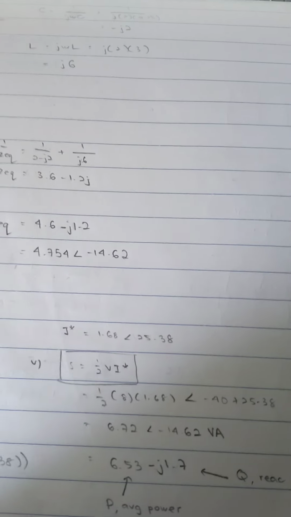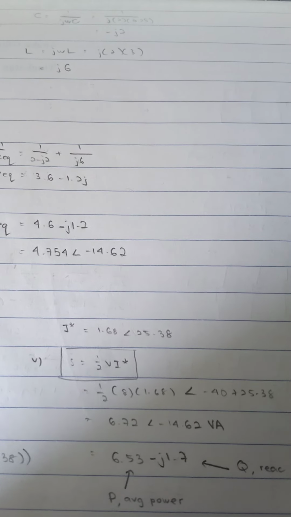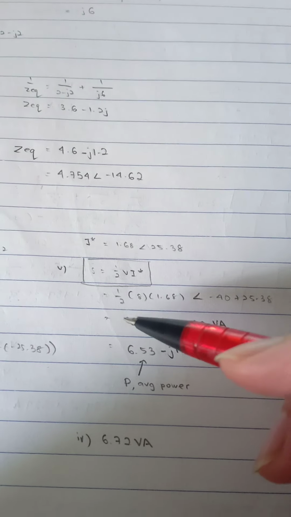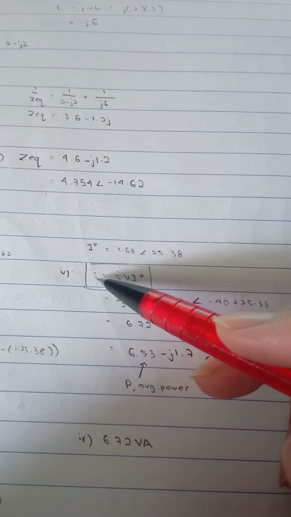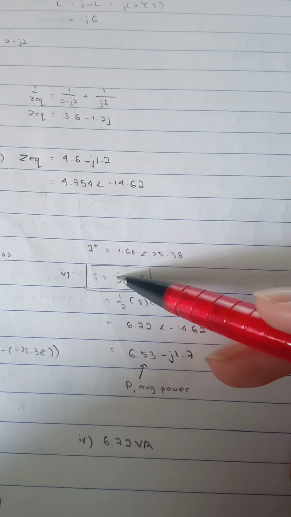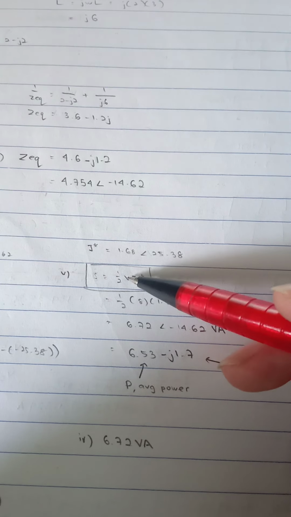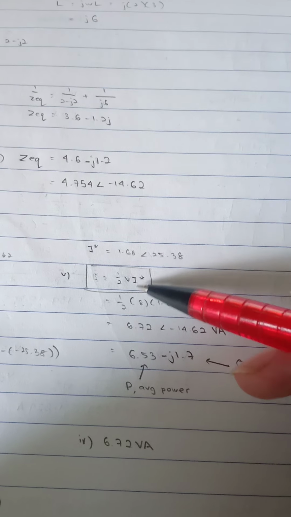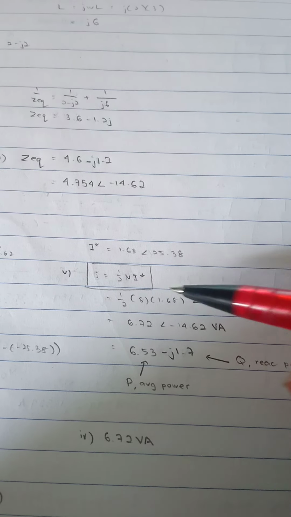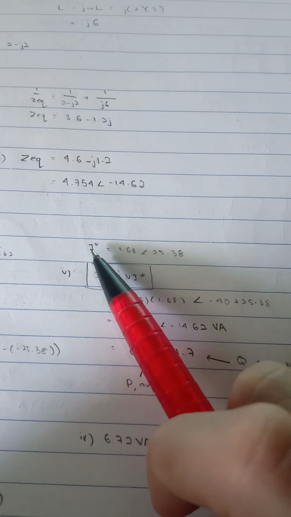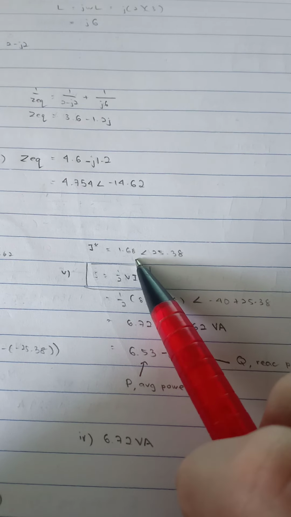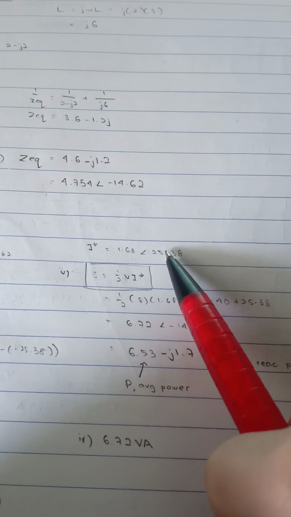Okay, next, the complex power. For complex power, we can get the answer from this: S is equal to 1/2 times Vm times Im conjugate. So we will conjugate this I, and we will get 1.68 angle 25.38.